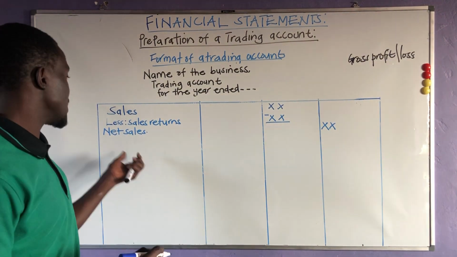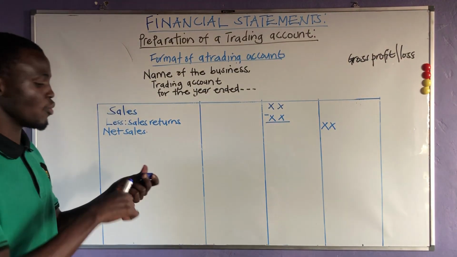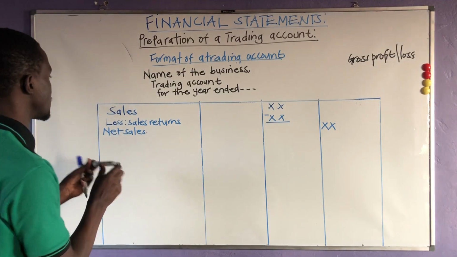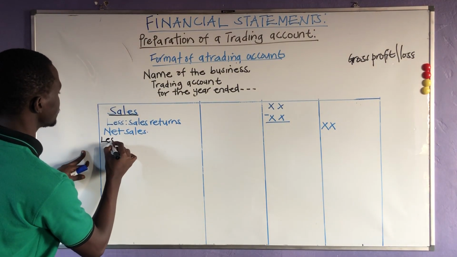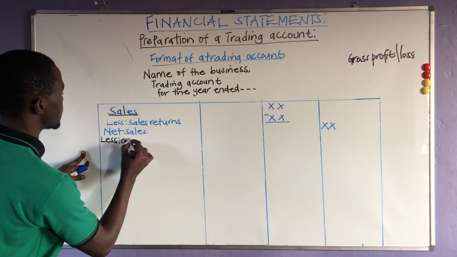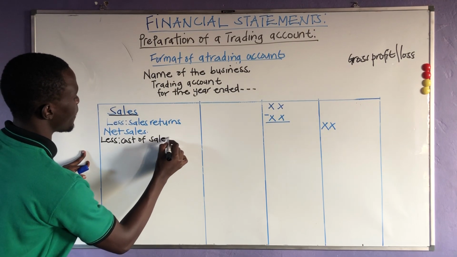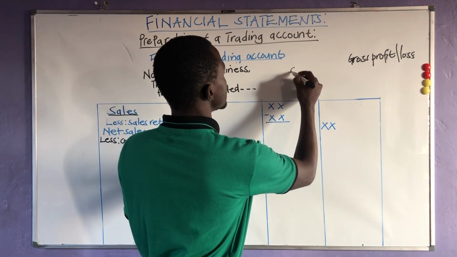After we get the net sales, we go to the cost of sales. We say less cost of sales. Let me explain a little the meaning of cost of sales in business.